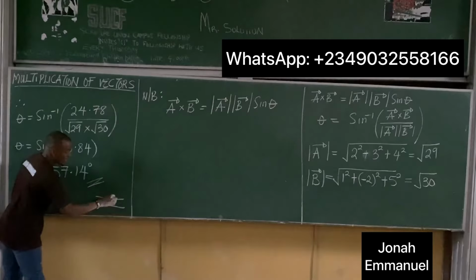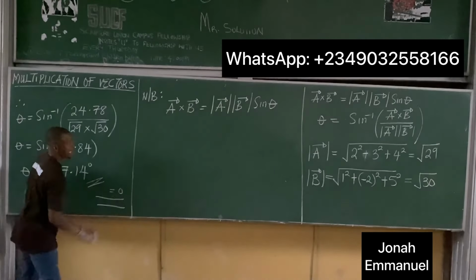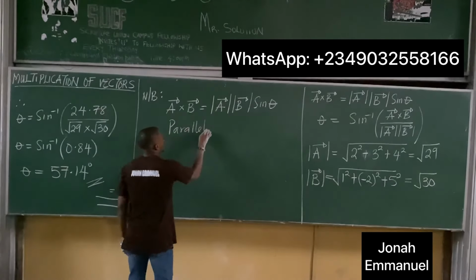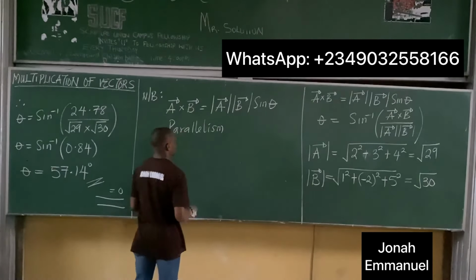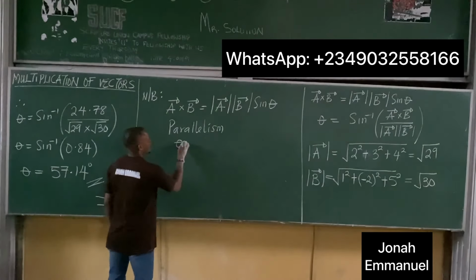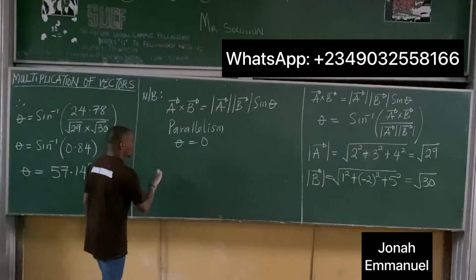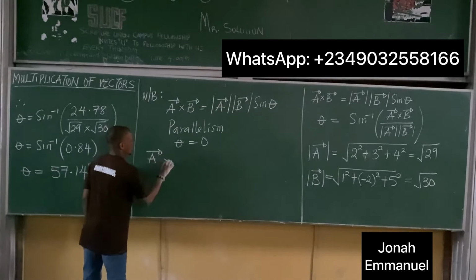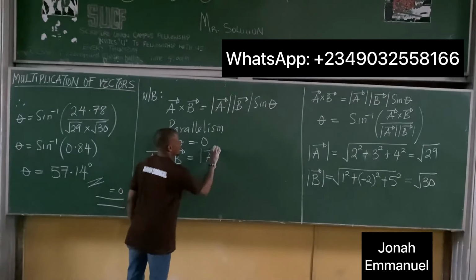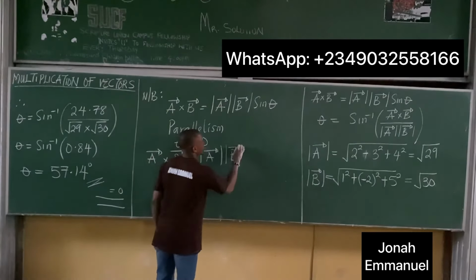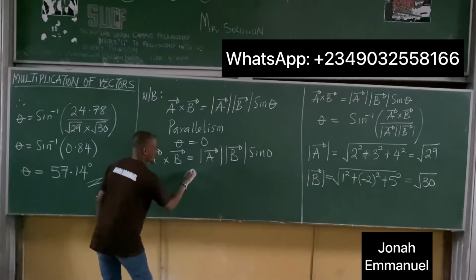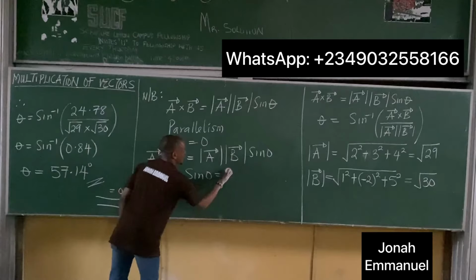So hence, the angle between two parallel lines is equal to 0. So if they are parallel, we have that theta is equal to 0. So now we have that A cross B is equal to magnitude of A times magnitude of B into sine 0. Sine 0 is equal to 0.